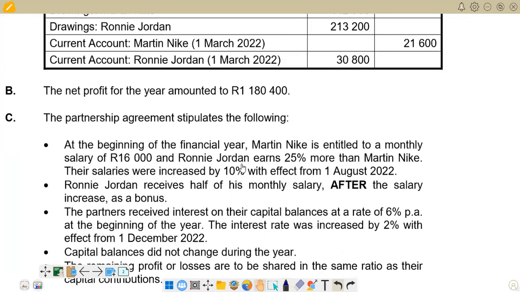In the explanation, we are told that the interest was 6% from 1 March. Remember the year is ending on 28 February, so from 1 March the rate was 6% up to 1 December.